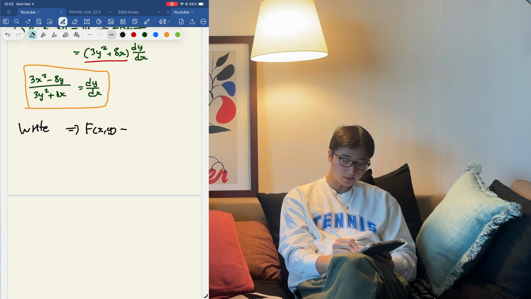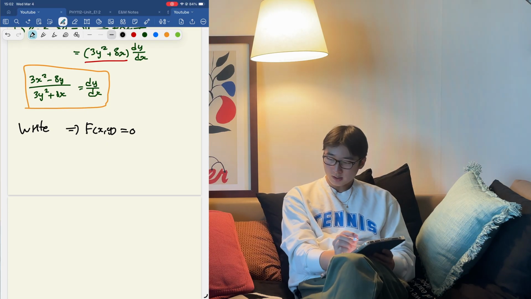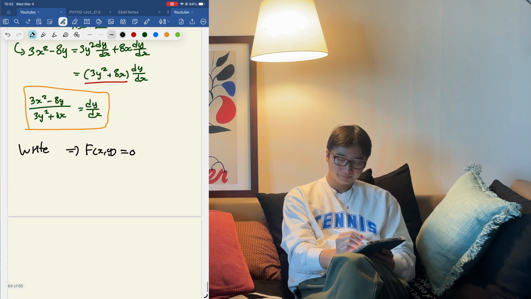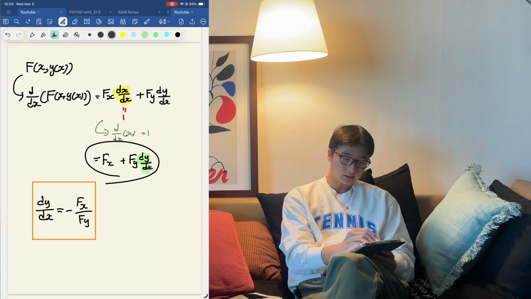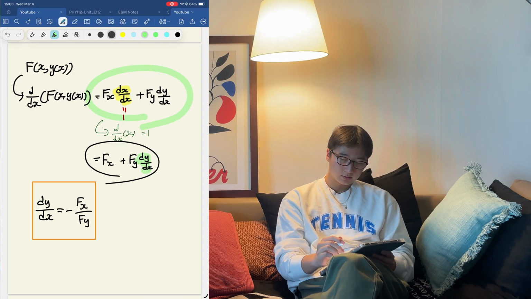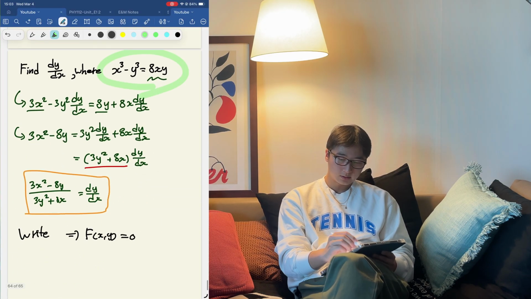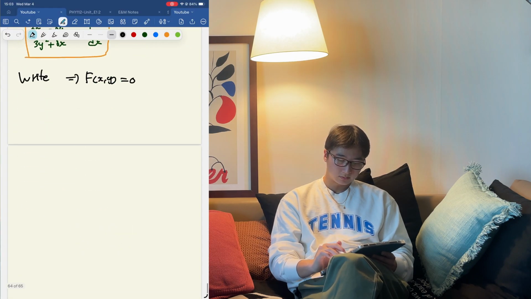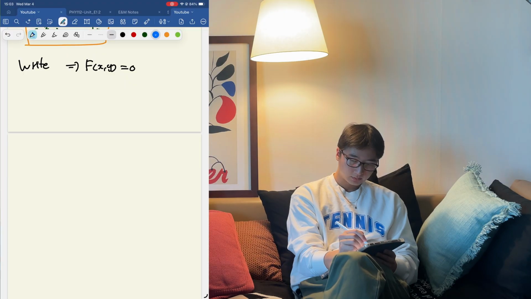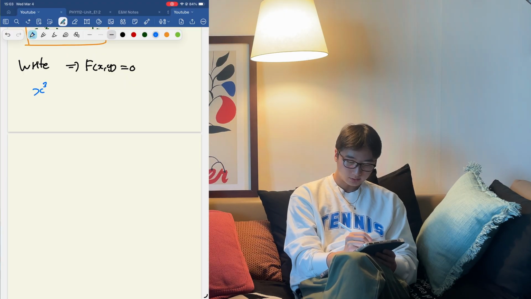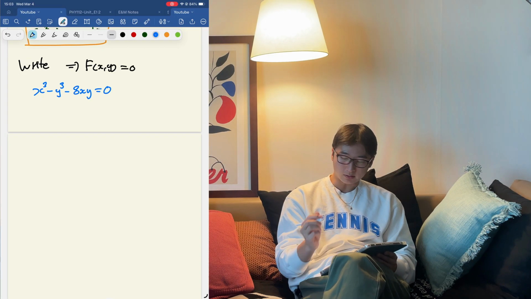f of x, y is 0. So using the same example, apply the rule for the same example here. This is just simply, let me use the blue pen, x cubed minus y cubed minus 8xy, let it become 0.